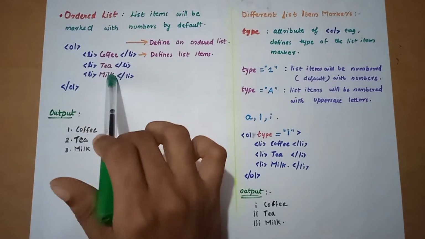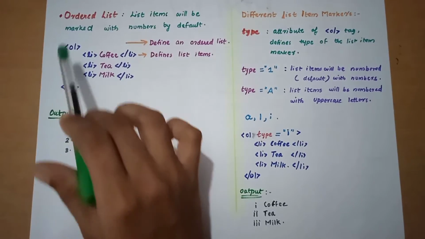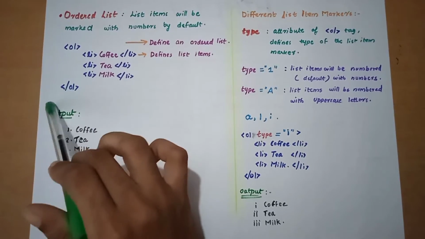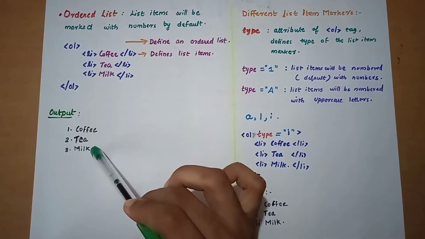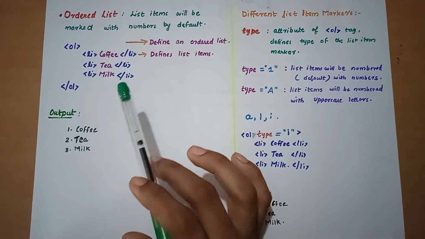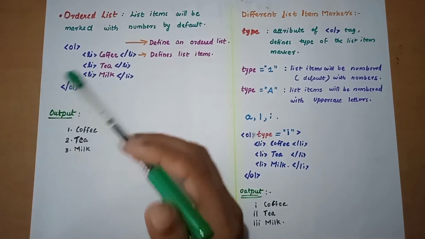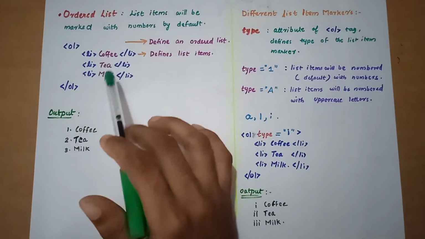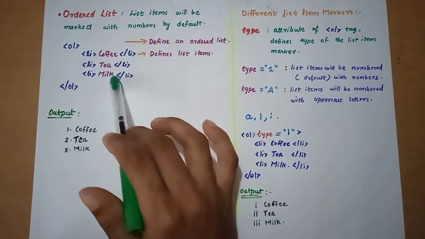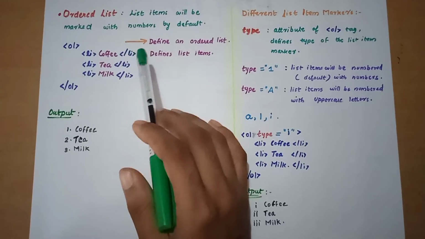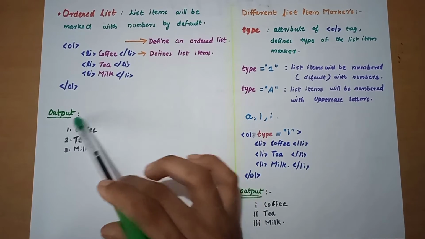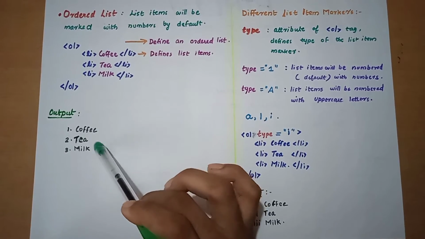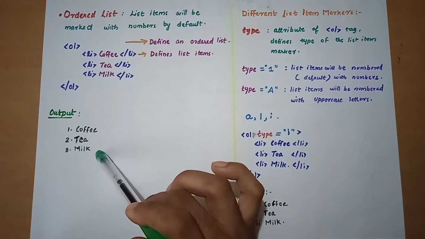Then write your code, complete and close the HTML tags, come to the browser, and run it. You'll get a nice page. Never just write these alone and run them, that won't work. So this is the simple representation of our ordered list.